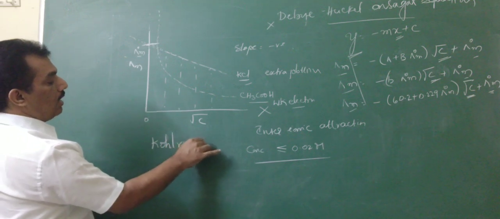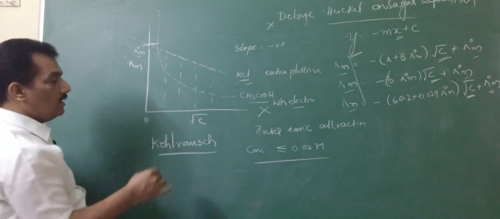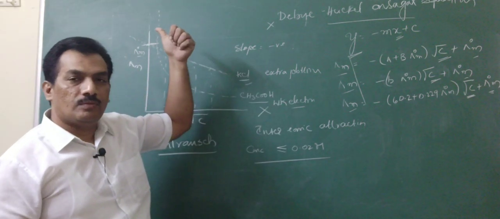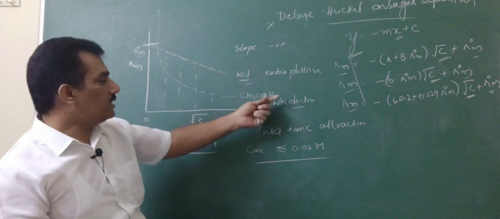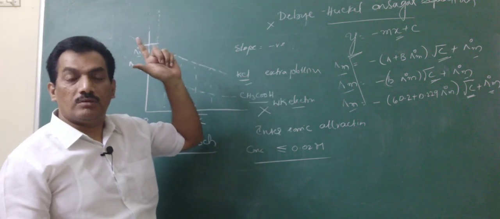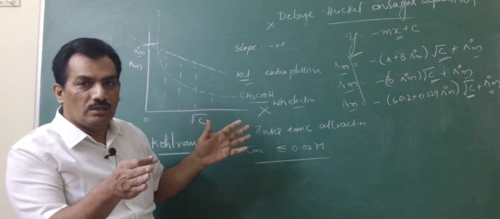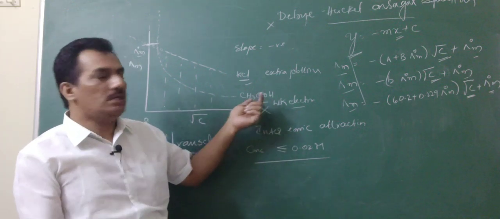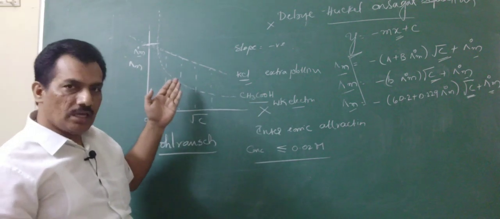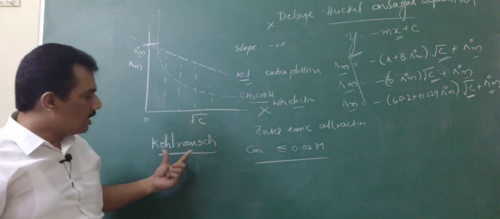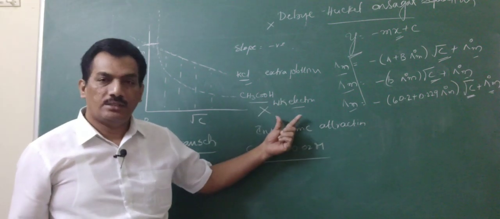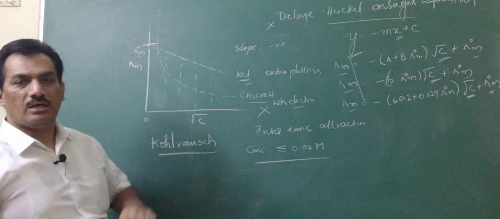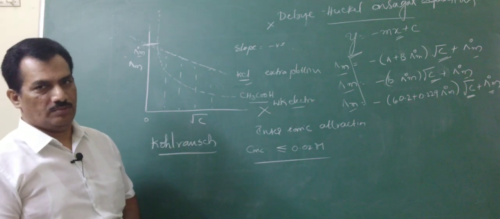With Kohlrausch law, we can find the conductance of weak electrolytes at infinite dilution, that is, at zero concentration, which is imaginary only. The infinite dilution or zero concentration of a weak electrolyte is practically not possible. Even then, with the help of Kohlrausch law, we can find its conductance at infinite dilution. Clear? That will be discussed in our next session. Clear?